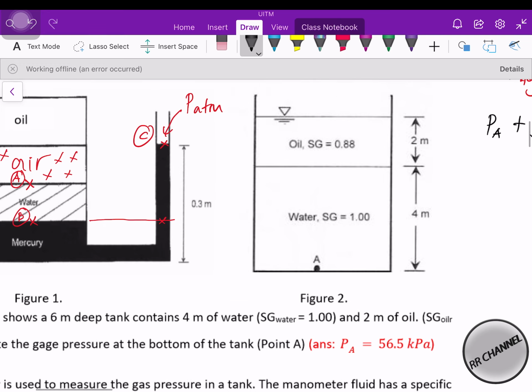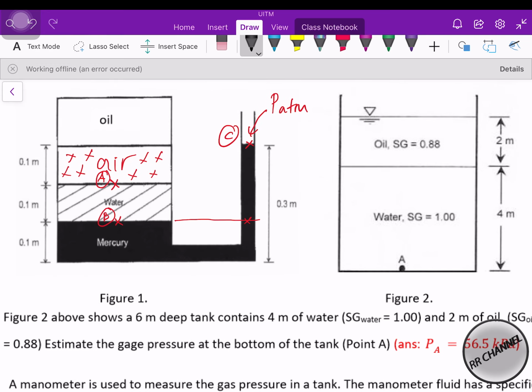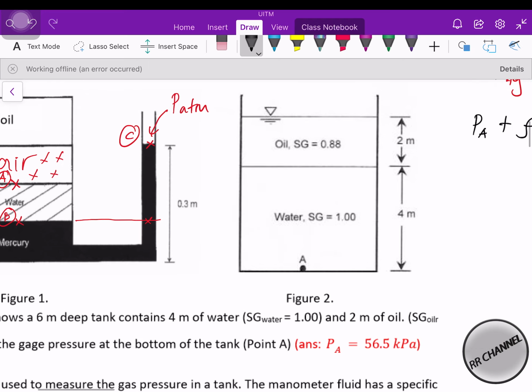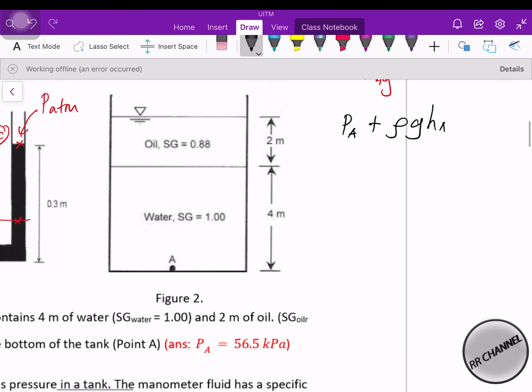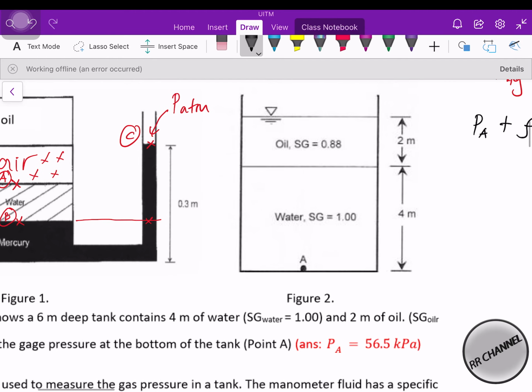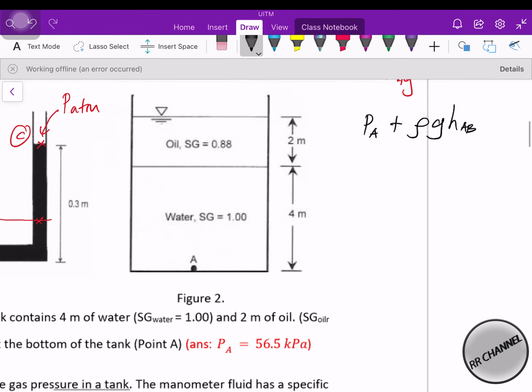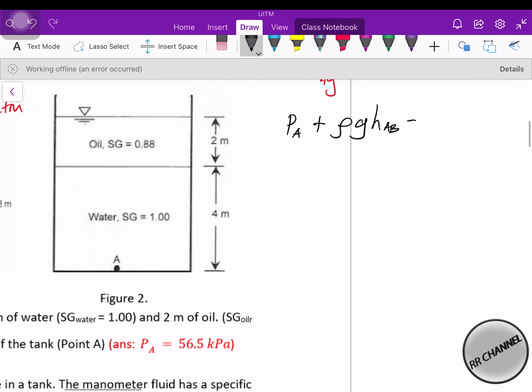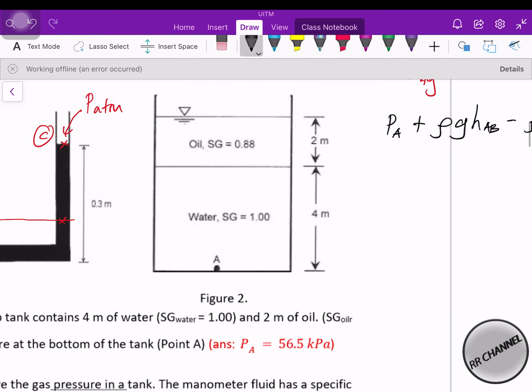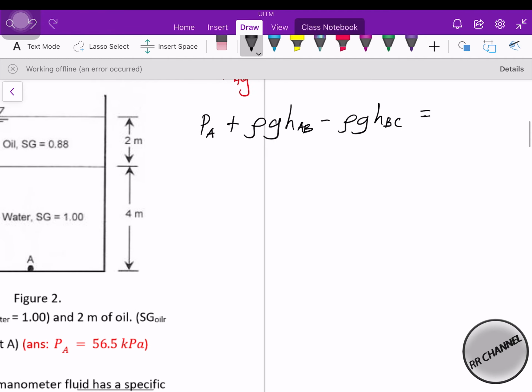So the difference of h here is from A to B, h AB, and then from point B to point C, it goes upward, so we need to minus rho g h from point B to point C. This is equal to atmospheric pressure.